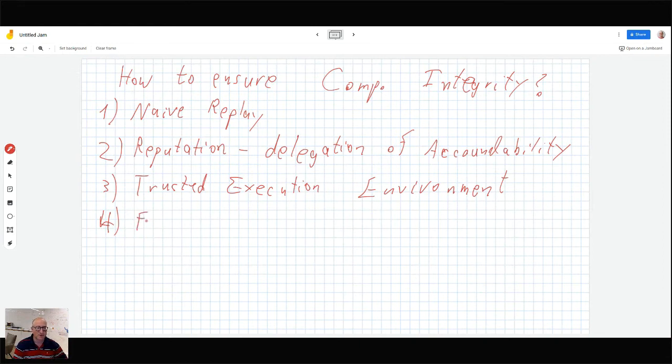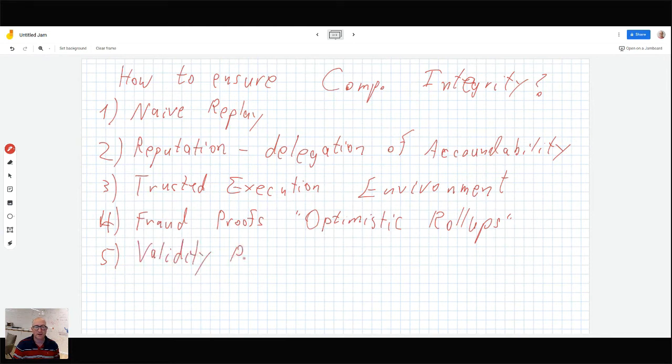The fourth one, which is quite recent and gets a lot of attention within the blockchain world, is fraud proofs, things like optimistic rollups. So optimistic rollups, they also go by these names. And this is a method that involves game theoretic incentives and various games to deal with it. And the last one is what we're going to call validity proofs, or sometimes these are known as ZKPs, zero knowledge proofs.